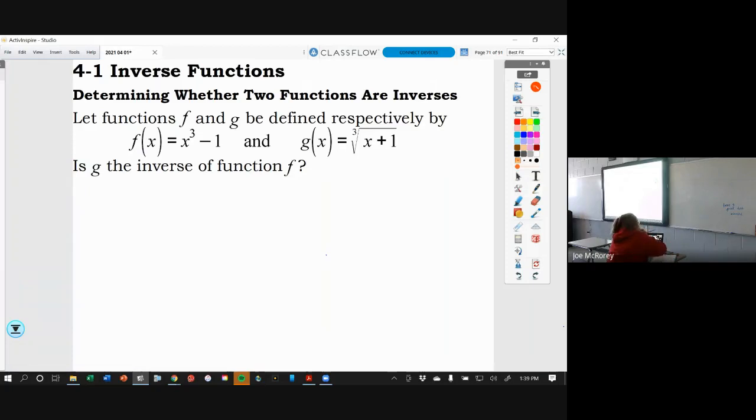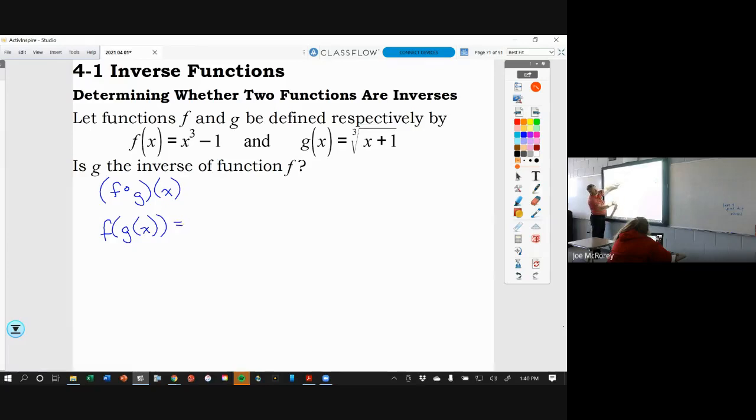We have to check 2 things to see if this is true. I'll write it down this way just so you'll continue to get used to it. I want to know what is f of g of x. So I will take the f function, which is x cubed minus 1, and everywhere there's an x, I'm going to replace that x with the g function.